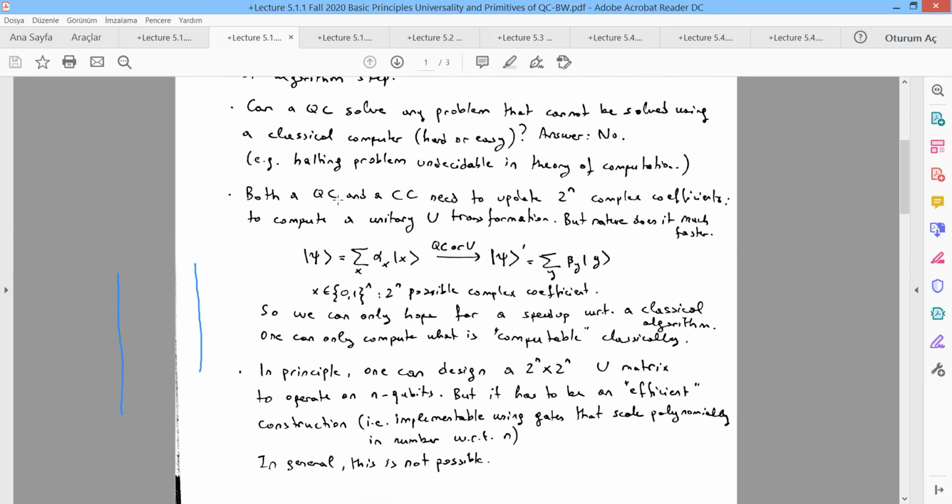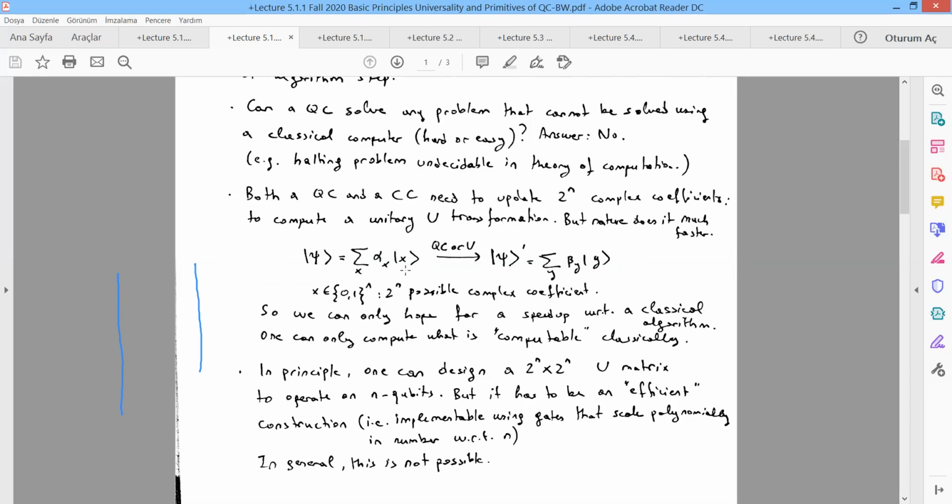Again, if we represent an algorithm, a quantum computer or a unitary transformation, in the input we have this ket psi state, and in the output we have this ket psi prime state. And we said these states are superposition of all the possible basis states of the n qubit quantum system. So the only difference is nature computes these coefficients fast, and classically we cannot compute these coefficients as fast.